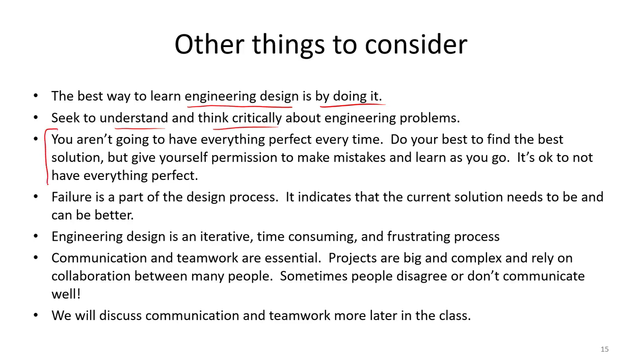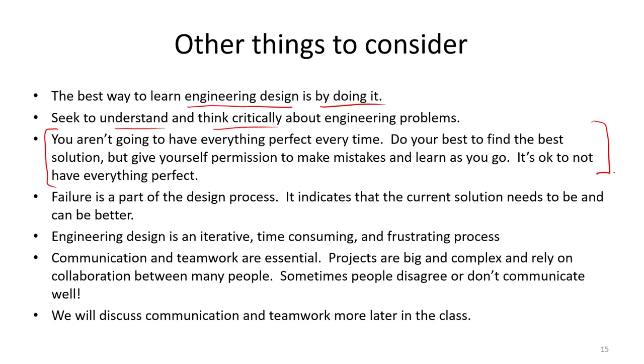This third point is also really important. In school, we often solve problems where there's a very clear-cut answer, or where there is a perfect solution. But in the real world, you're not going to have everything perfect every time. It's possible that none of the solutions will be perfect.